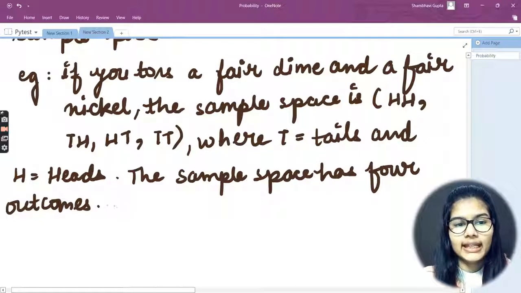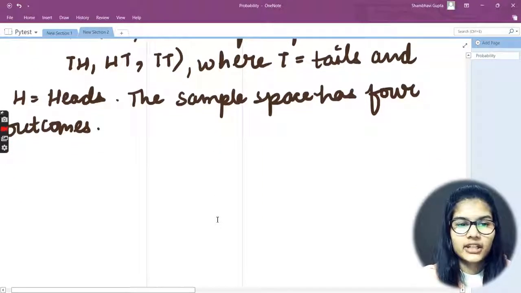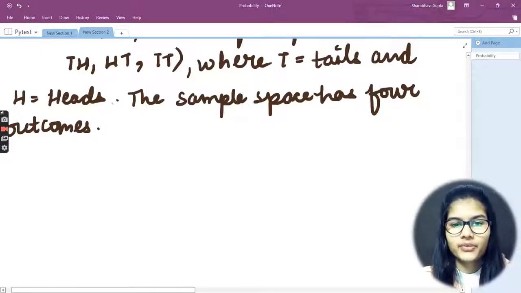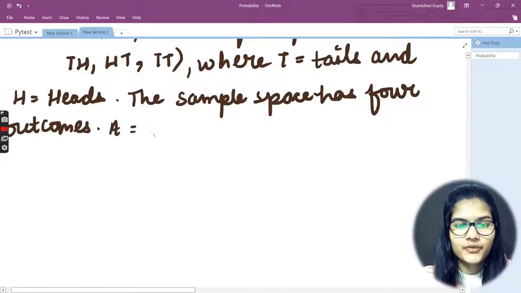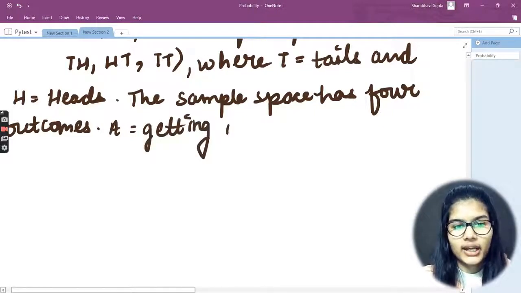So what will be my A? We just took above that if we toss a fair dime and a fair nickel, the sample space is head head, head tail, tail head, tail tail, where T refers to tails and H refers to heads. The sample space has four outcomes in total. Now A, the event, is getting one head.